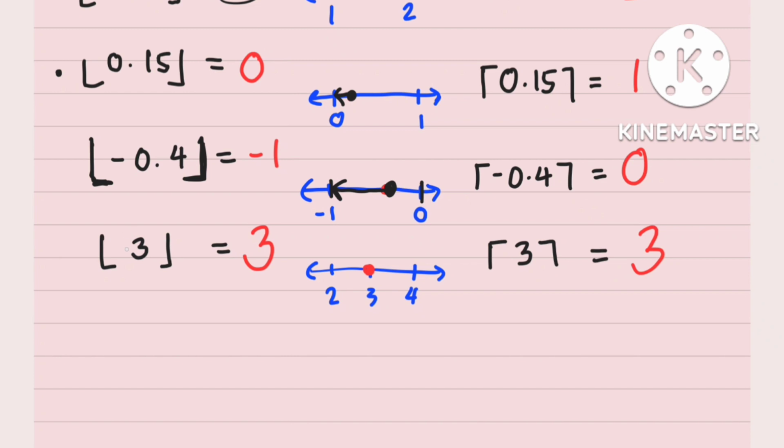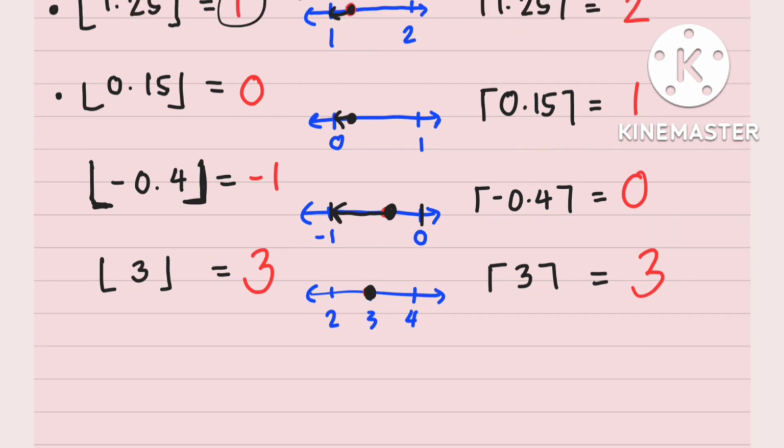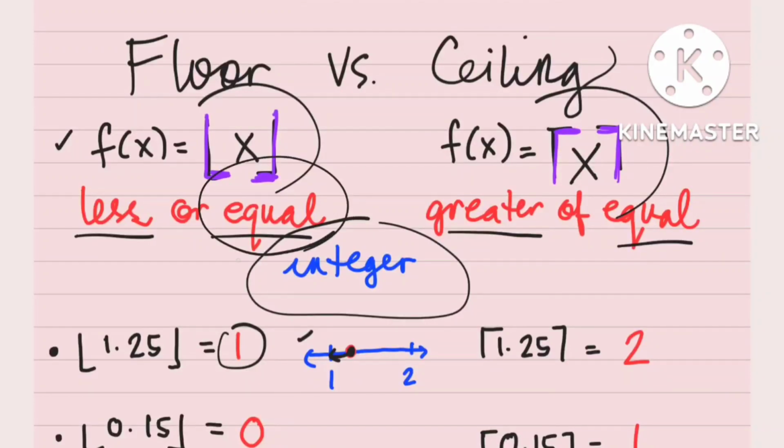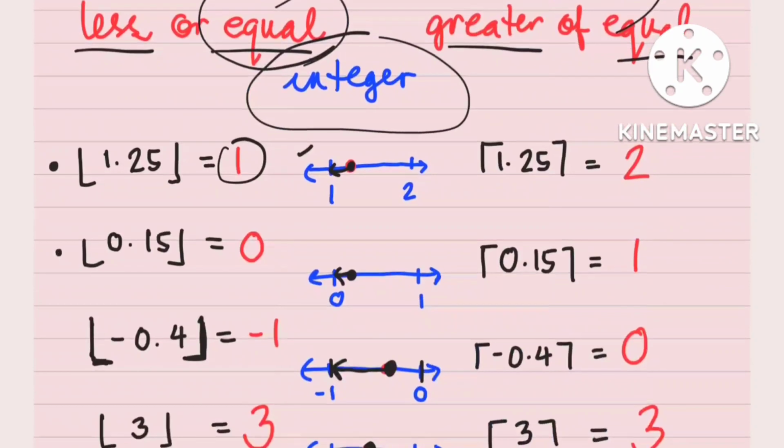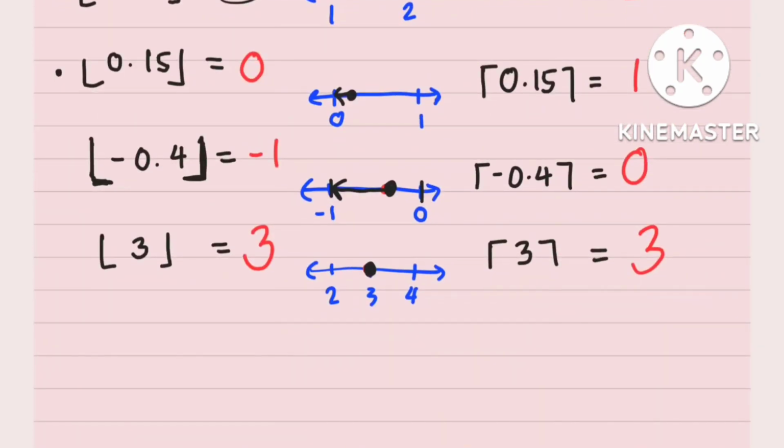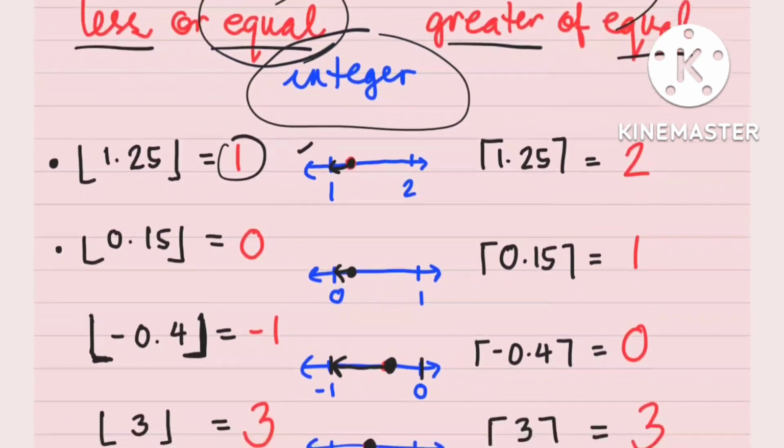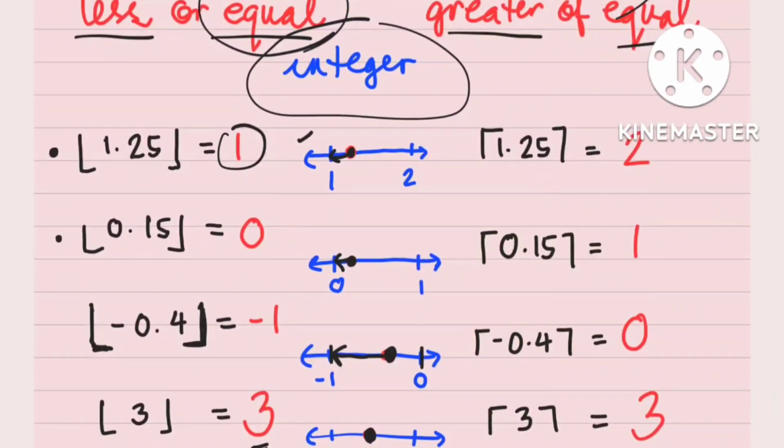So the value of the floor of negative 0.4 is negative 1. Then, the floor of 3 is, since 3 is already an integer, the number that is equal to it, which is 3. Alright? Now, what is the ceiling value of 1.25?